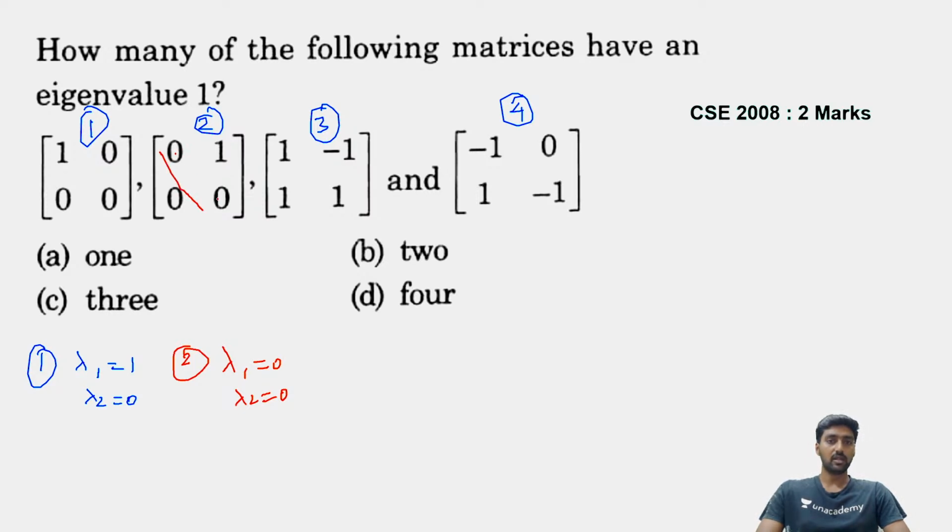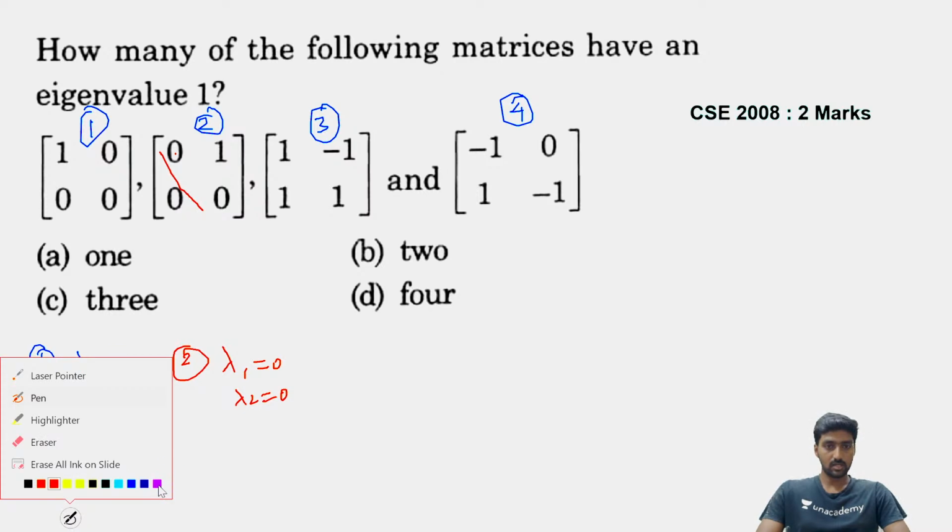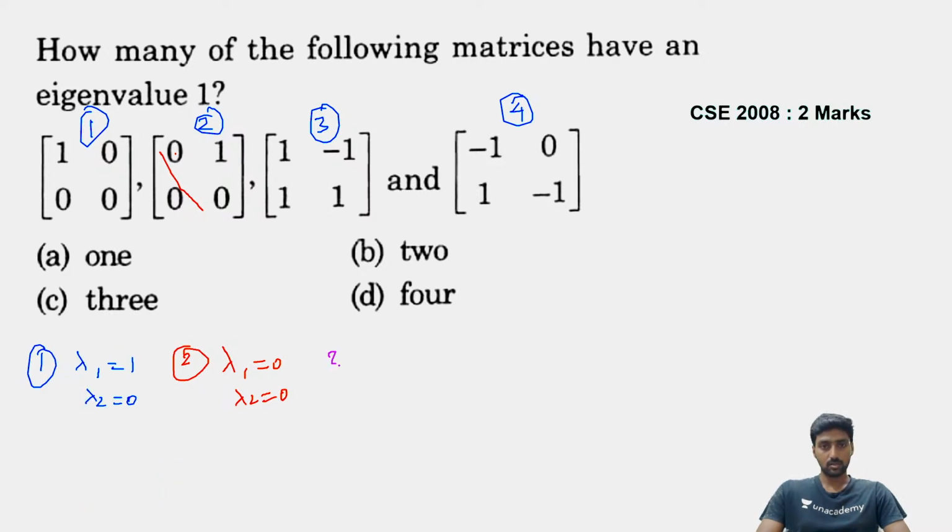So we can take the main diagonal elements. Again, the third one. We need to use lambda square minus S1 lambda plus S2 format: lambda square minus 2 lambda plus 2 is equal to 0.